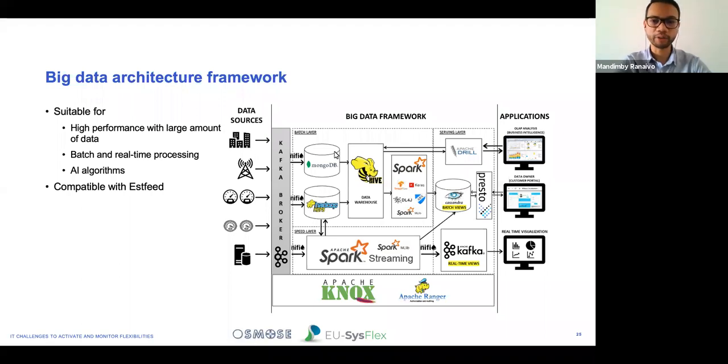I will not go into the details of each of the components, but this can be considered when searching for high performance with a very large amount of data. And it was tested and compatible with the data exchange platform STFeed.